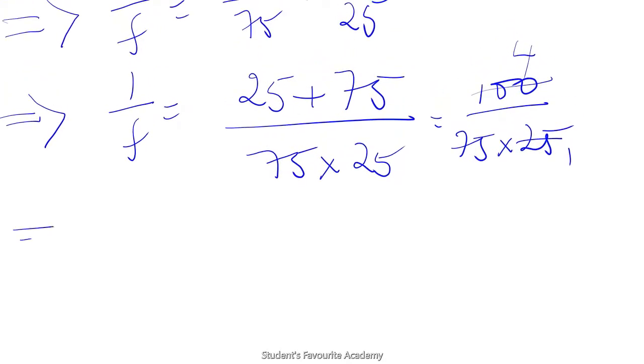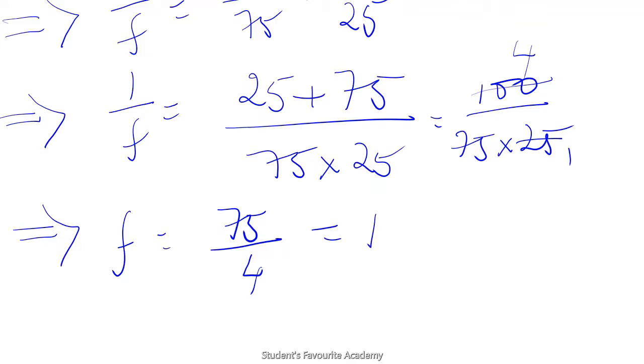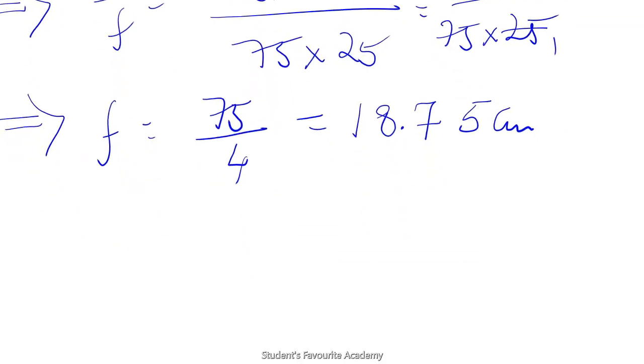So this implies F is equal to 75 upon 4. So 4 ones are 4, 4 sevens are 28, 4 eights are 32, and 4 fives are 20. So F is 18.75. Now you are asked to find out magnification. Okay, this is one answer.